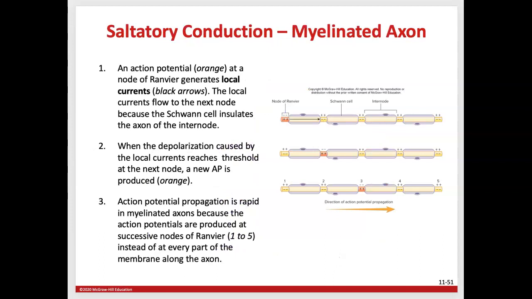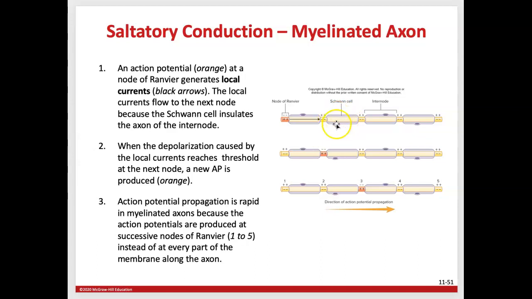In saltatory conduction, the myelinated axon is insulated with that Schwann cell or oligodendrocyte, depending on where we are in the nervous system. Underneath the Schwann cell, there aren't any sodium or potassium channels.